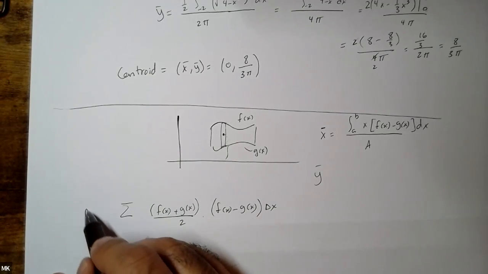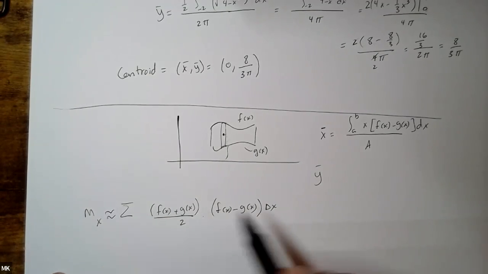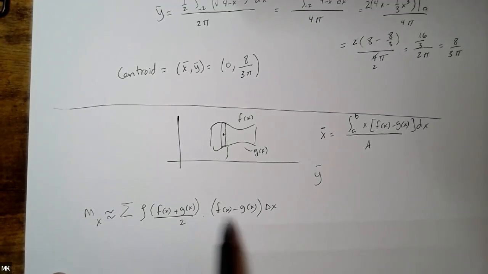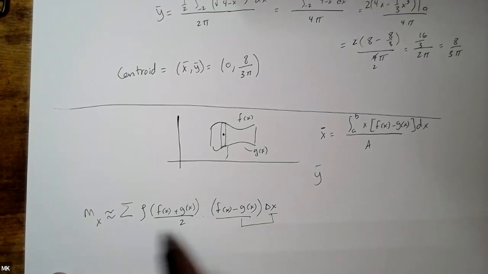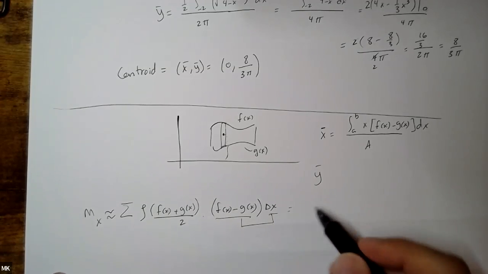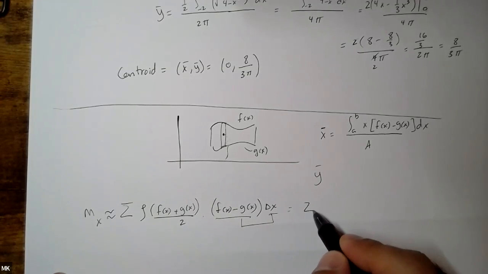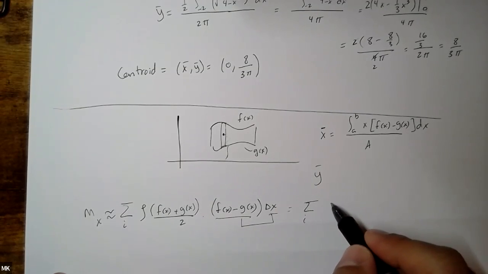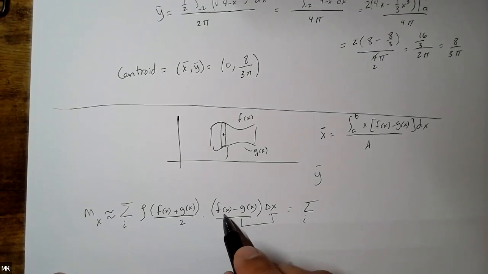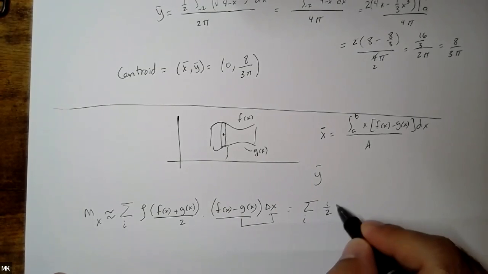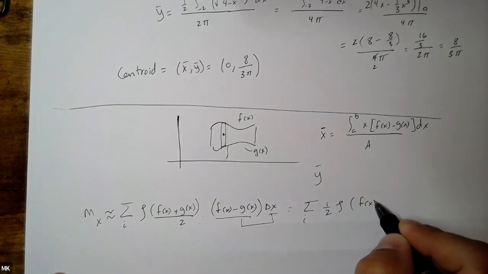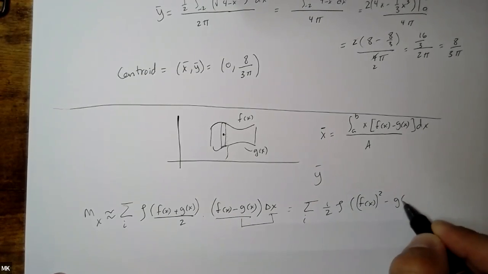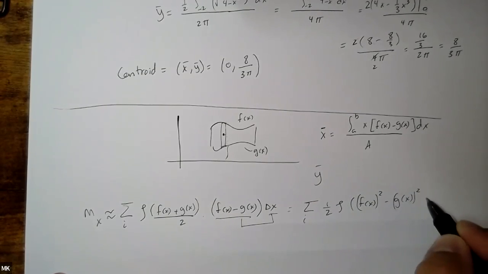So if I'm trying to calculate mx, it's going to be rho times this area, times rho gives you mass. This is the distance I'm going to use, which gives me the sum over i of f of x plus g of x times f of x minus g of x, which is f of x squared minus g of x squared. That's a difference of squares formula, right? Delta x.